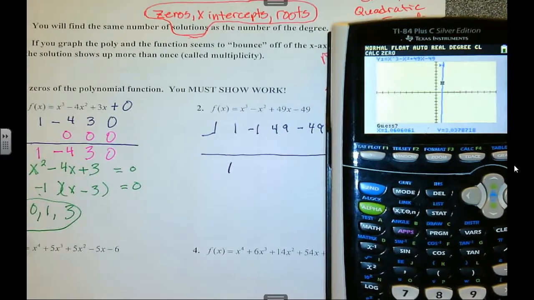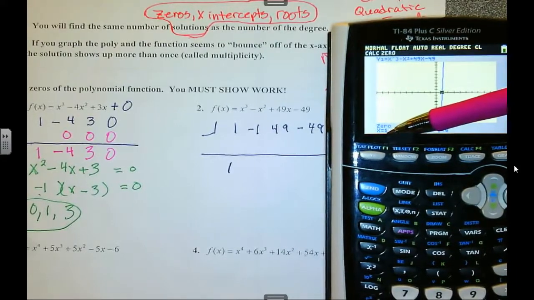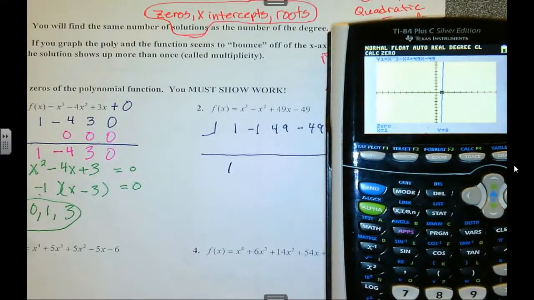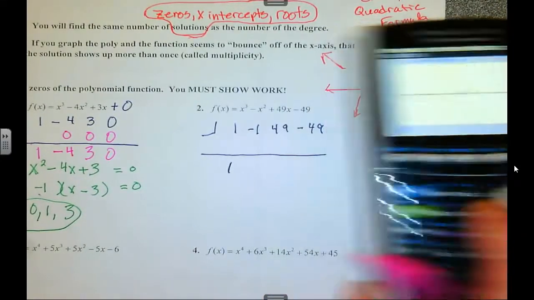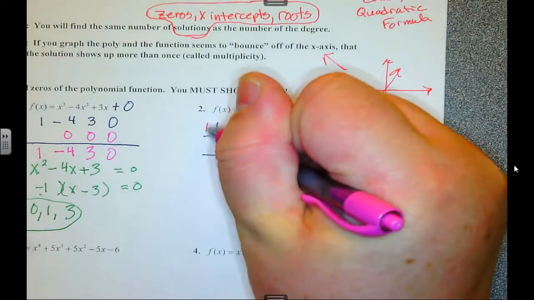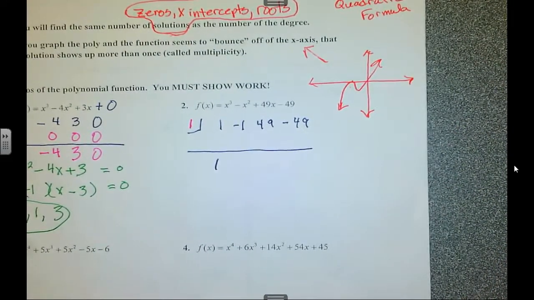Hit enter and then hit enter again. And one of my solutions is 1, 0 or 1. So I'm going to divide this thing by the number 1, which is one of the solutions, or zeros, or roots, or x-intercepts.